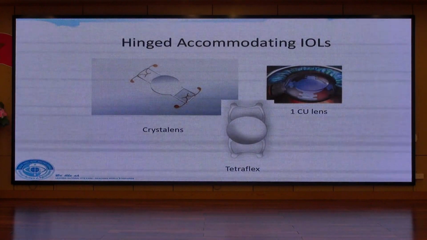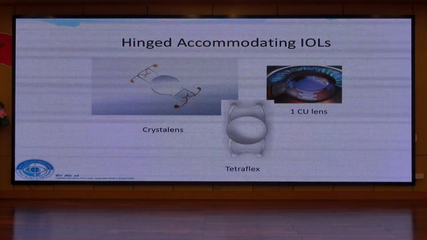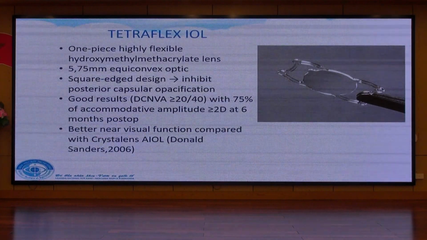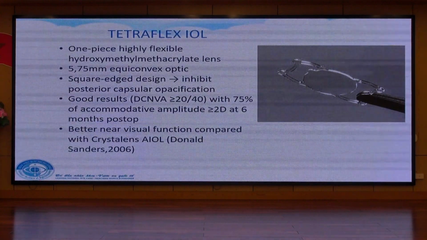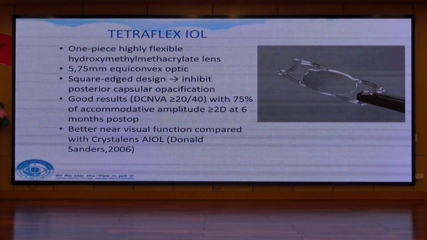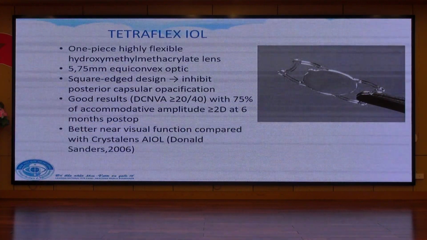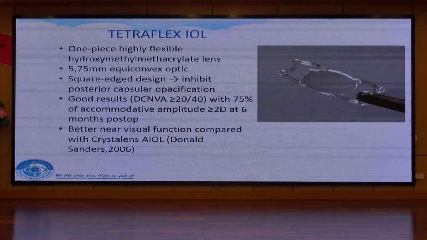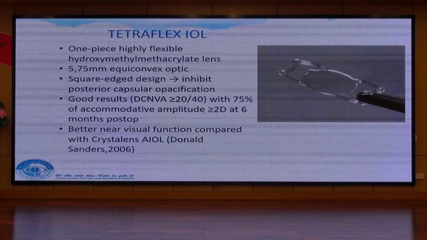There are some examples of single optic accommodating IOLs. The first one is the Tetraflex IOL. This is a one-piece, highly flexible, hydrophilic methacrylic lens with a 5.70 millimeter convex optic, designed with a square edge to inhibit posterior capsular opacification.